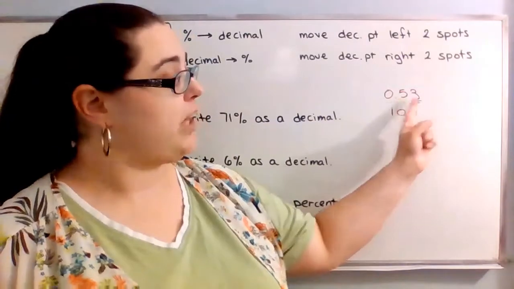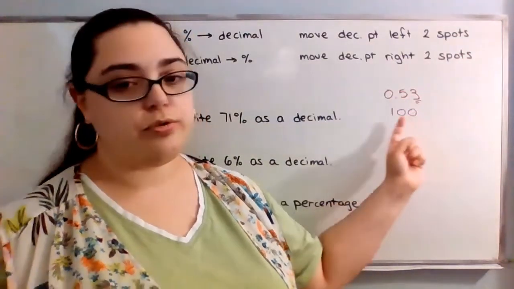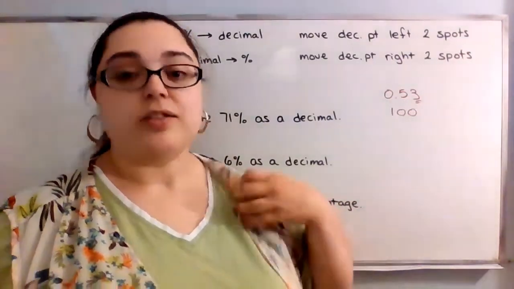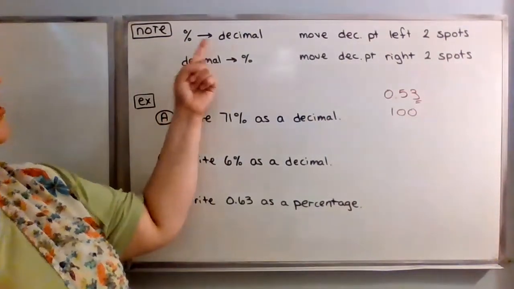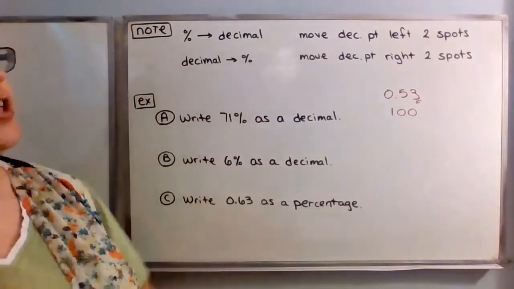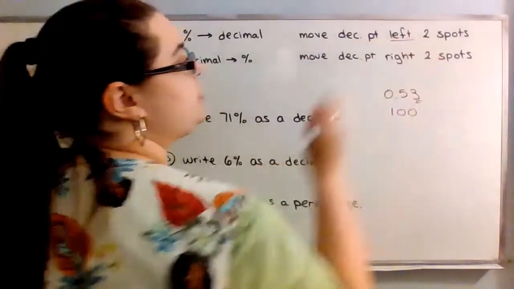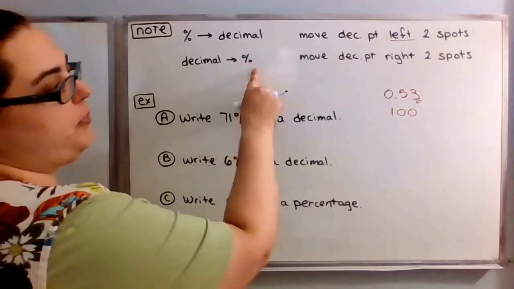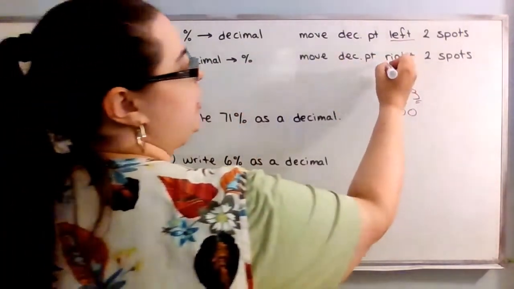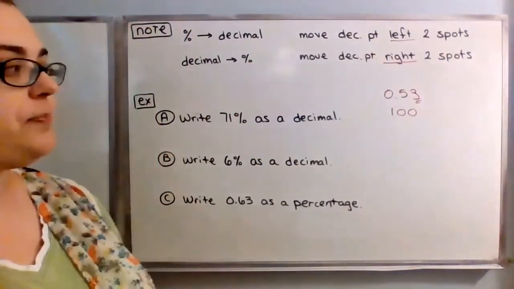From that, we get a nice shortcut: to change from percentage into decimal, move the decimal point to the left 2 spots. To change from decimal into percent form, move the decimal point to the right by 2 spots.